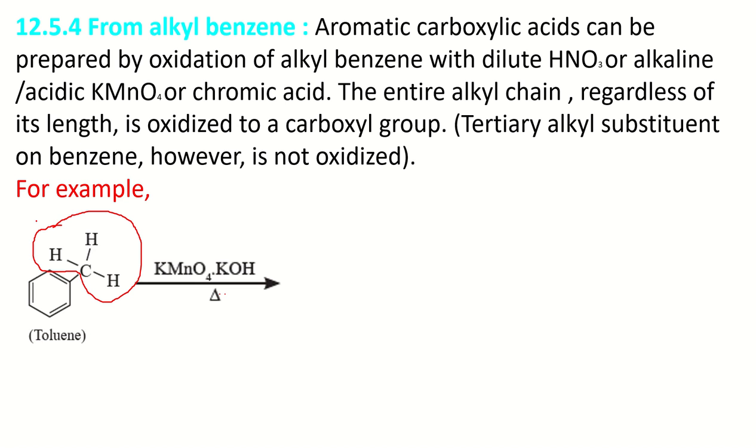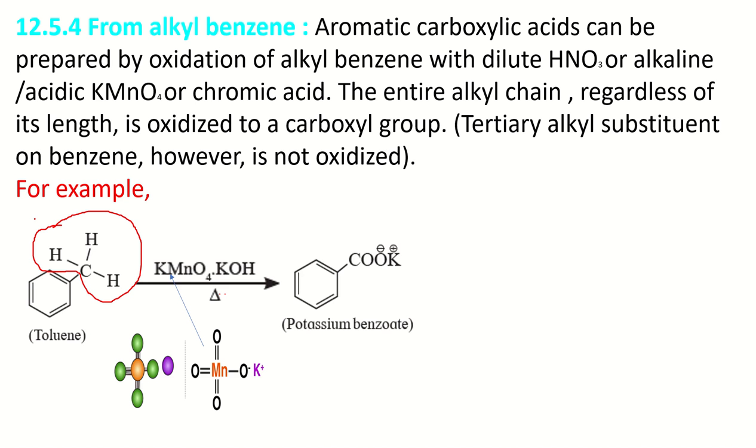The resulting product in the primary stage is potassium benzoate. What happens actually when KMnO4 reacts with potassium hydroxide? It gives three oxygens. Two oxygens directly attack the methyl group, and one oxygen and the potassium hydroxide remain as they are.